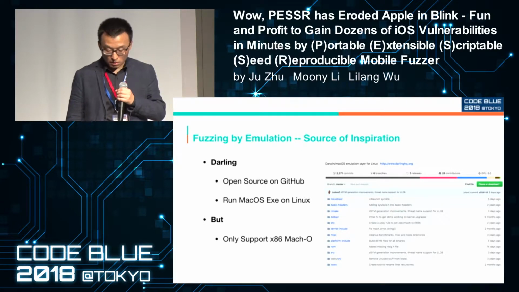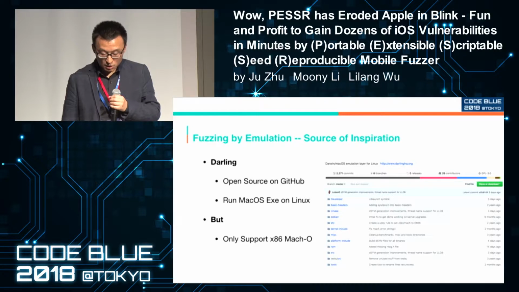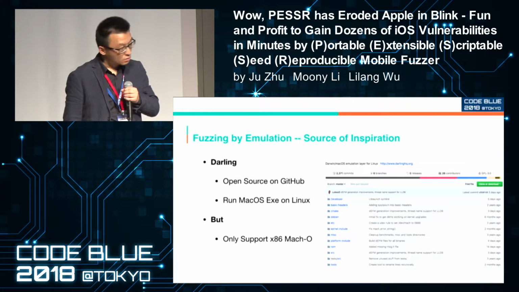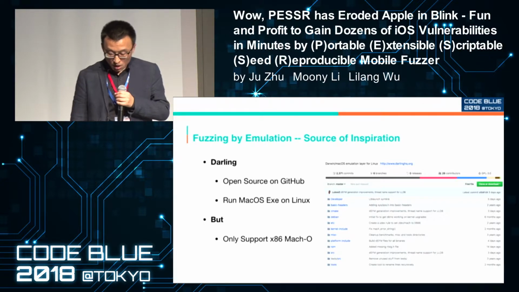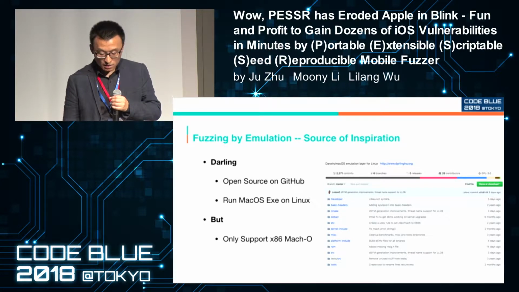It has implemented a dynamic loader that can load macOS executables, along with the runtime system library and framework implementations, to enable macOS executables to run. Unfortunately, however, it can only support x86-based Mach-O, which runs on macOS.